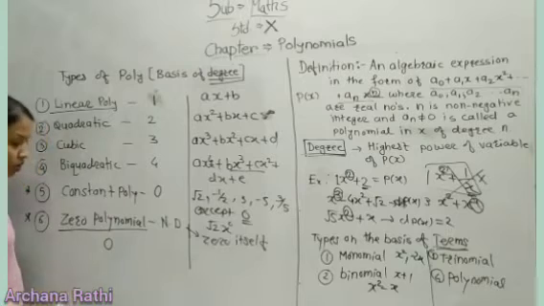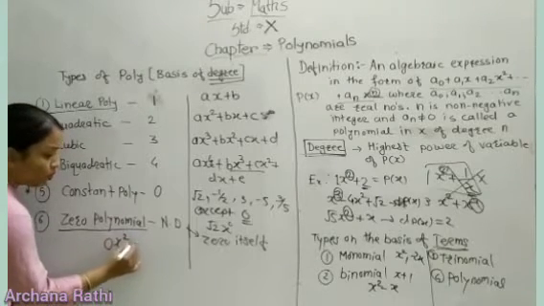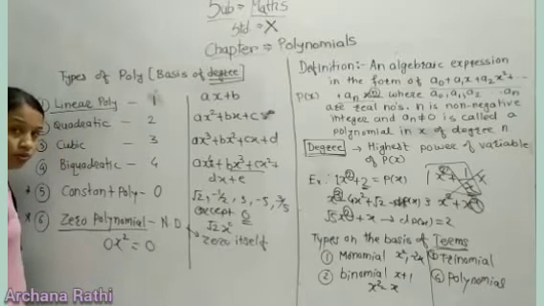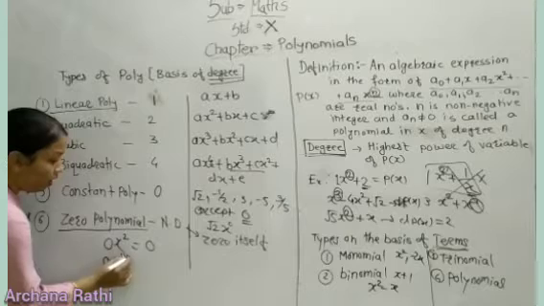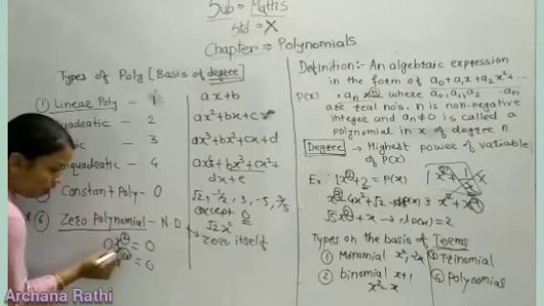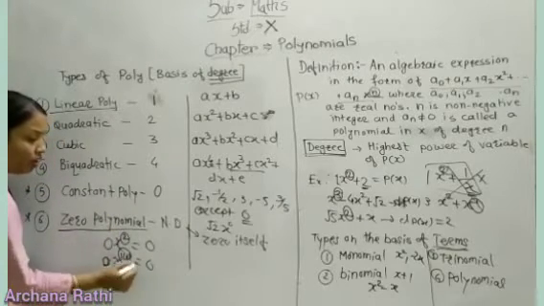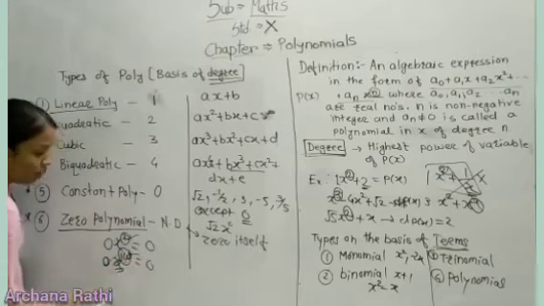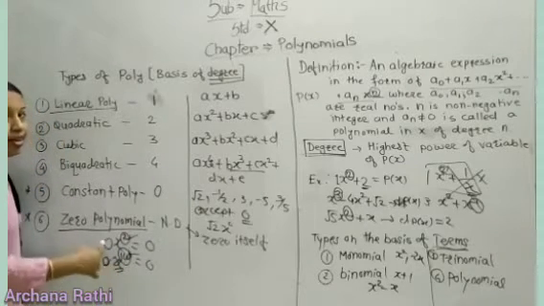Now 0 into any variable raised to a power, suppose 2, is again 0. 0 x to the power 100 is also 0. Whatever power of x you take, you cannot define the exact power of x. So it is called not defined.